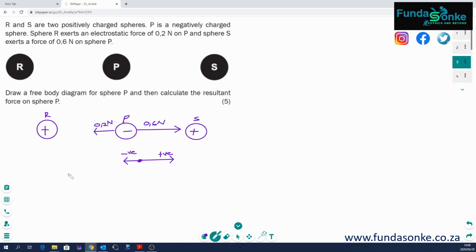Therefore, the resultant force, our force net, will be equal to our positive force, 0.6 newtons, plus the force acting in the opposite direction, which is negative 0.2 newtons, such that our resultant force will be 0.4 newtons, and this is acting towards S.